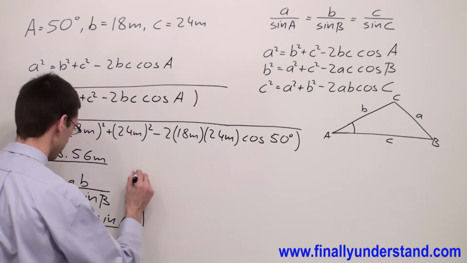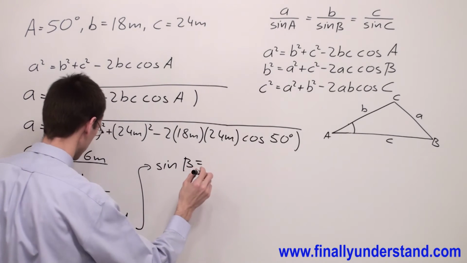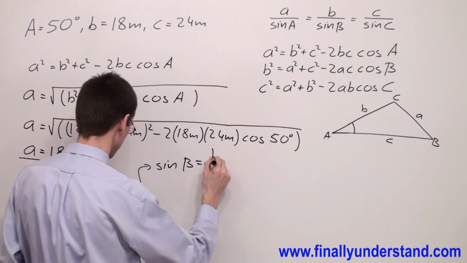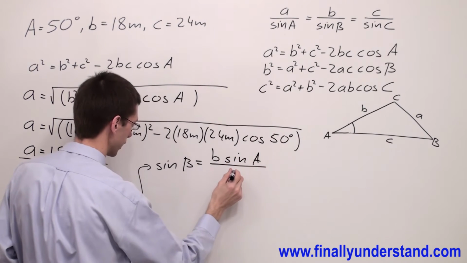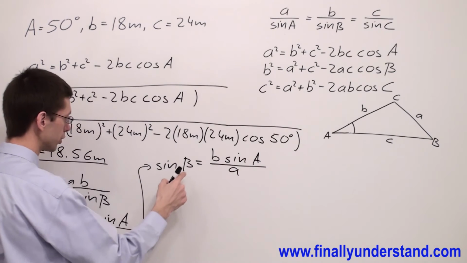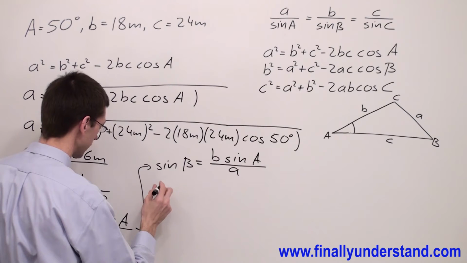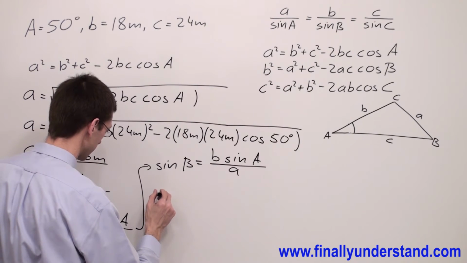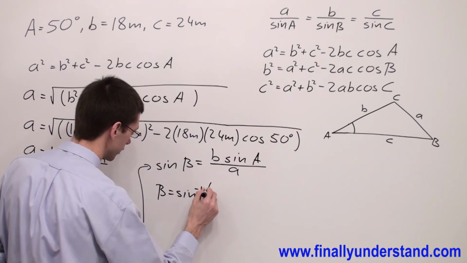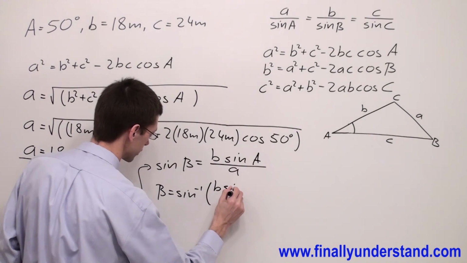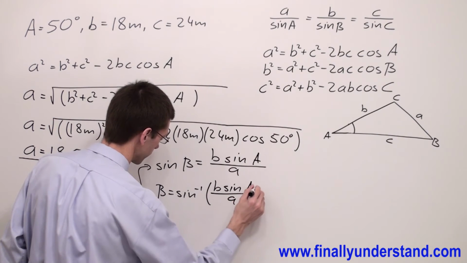And now I will have sine of angle B equals B sine of angle A over A. In order to find angle B, I'm supposed to find the inverse sine. Okay, so I have B equals inverse sine of B sine of angle A over A.